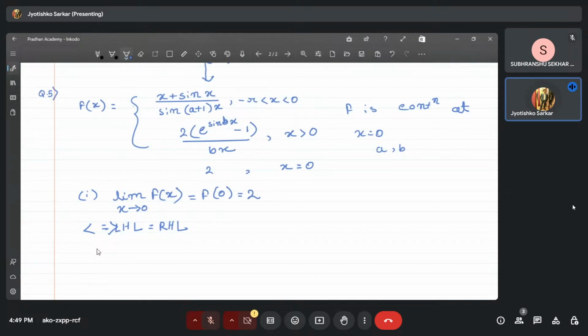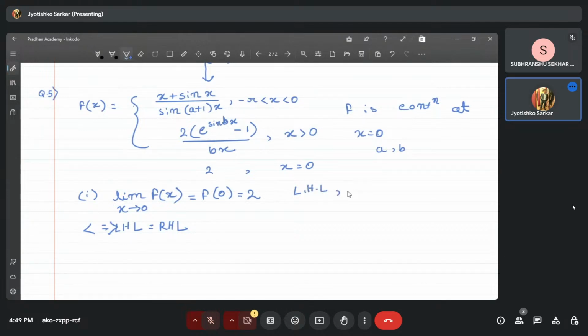Now for this problem, we are given x less than 0 and x greater than 0, two different values. So we have to use this LHL and RHL concept to determine the limit value. Okay. So let's compute the left hand limit first.